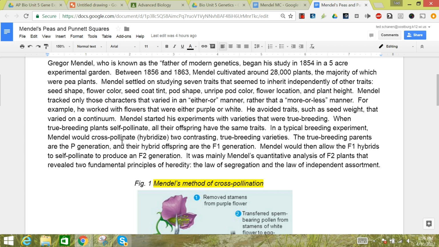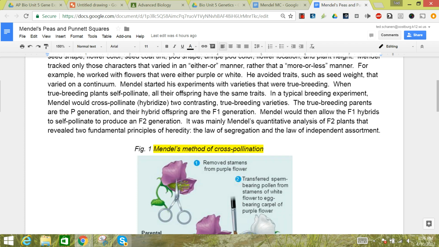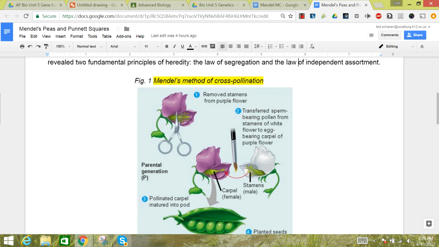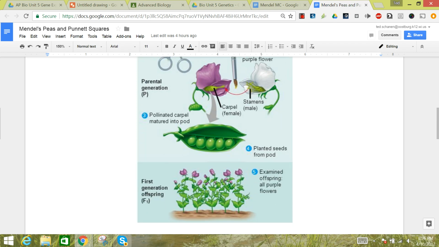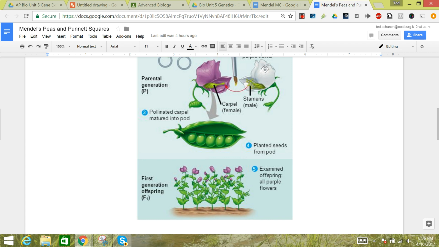And what Mendel would do is he'd take two different varieties that were both purebreds, have them produce offspring, and this offspring would be considered the F1 generation. What he found is that when they were mated with themselves, these always produced white.